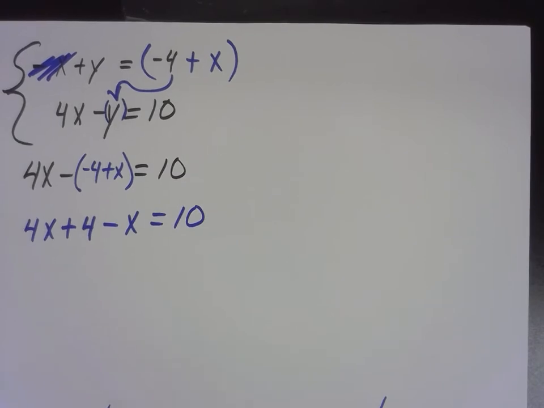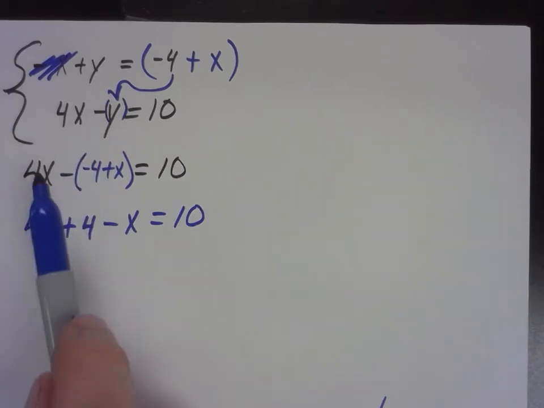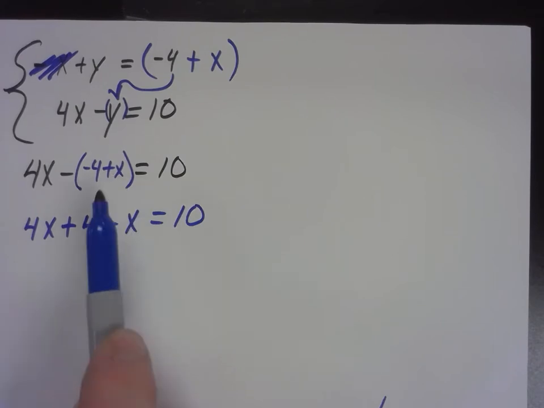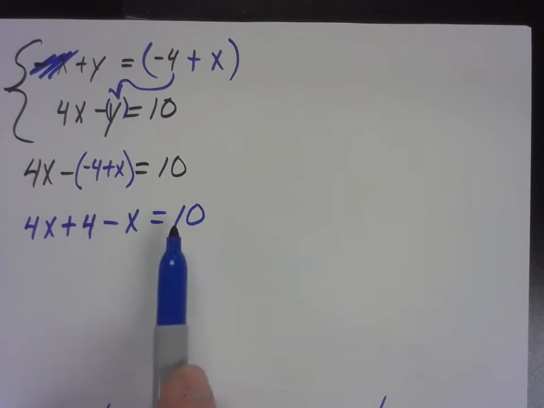Now, if you're not getting an integer answer, check your signs. Make sure you took the opposite of -4 and the opposite of x when you remove the parentheses. Make sure you use the distributive property there.